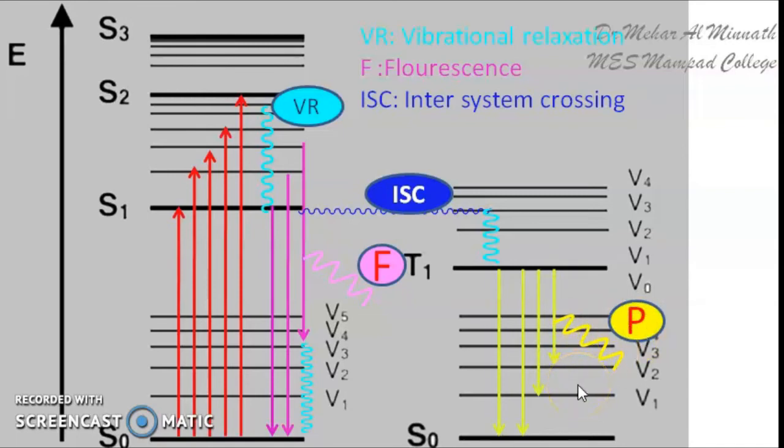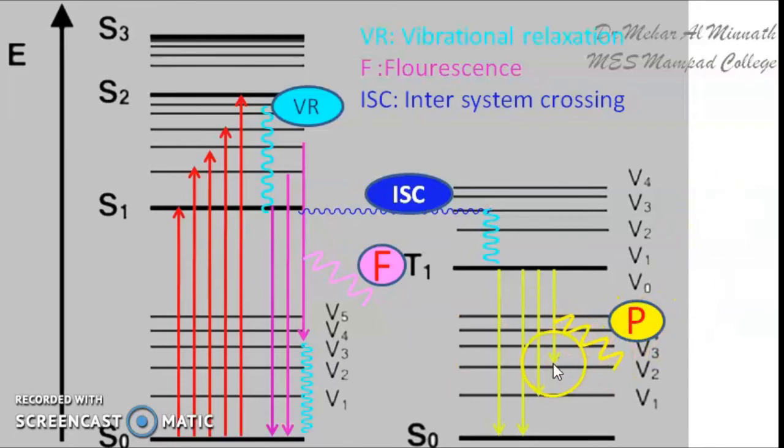So phosphorescence is a radiative relaxation mode between the triplet excited state and the singlet ground state. Now, this phosphorescence is a slow process. It takes around 10 to the power of -4 to 10 to the power of -1 second. It is a slow process.